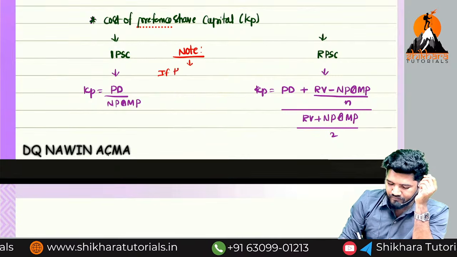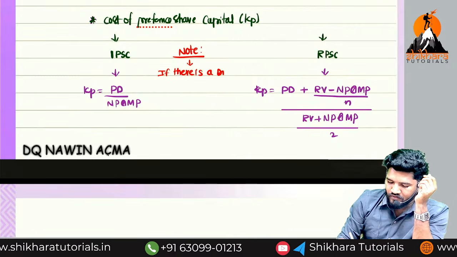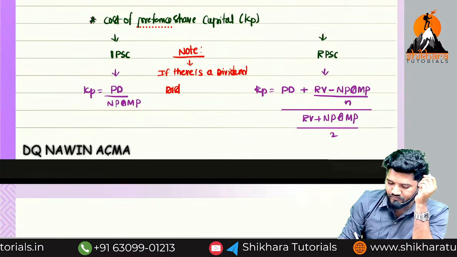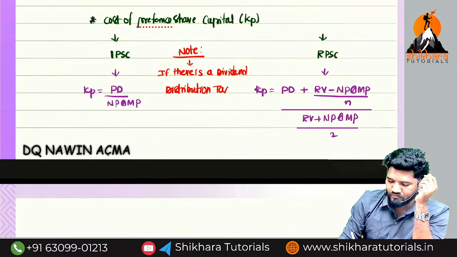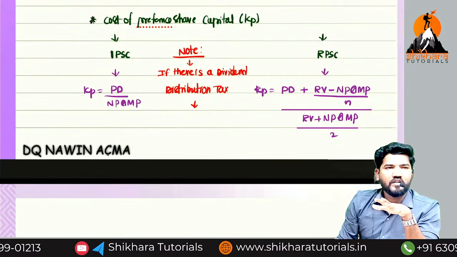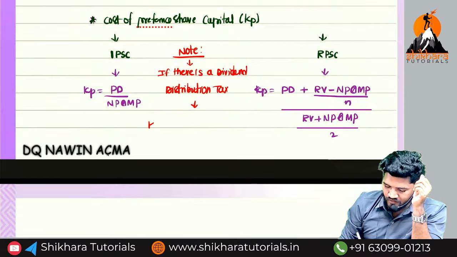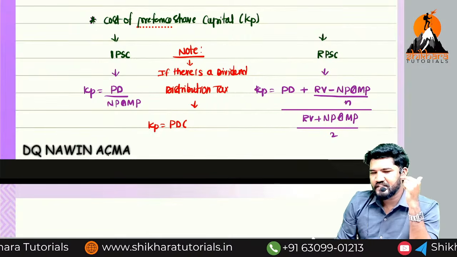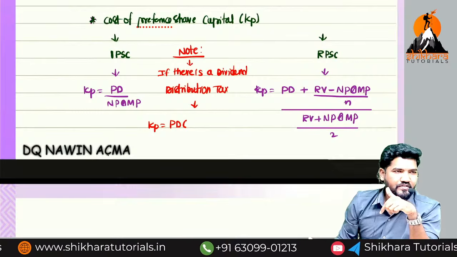If there is a dividend distribution tax, as per law this concept is not there. KP equals preference dividend. This dividend distribution tax needs to be paid by a company. It is not an advantage, it is a cost for us.